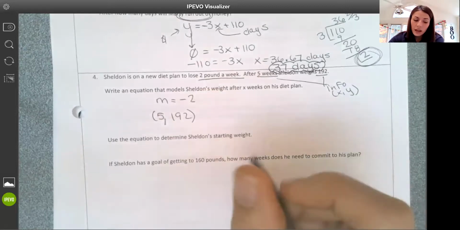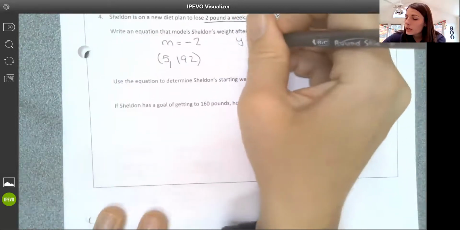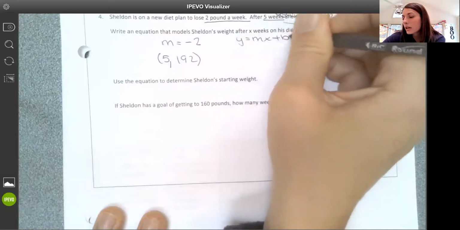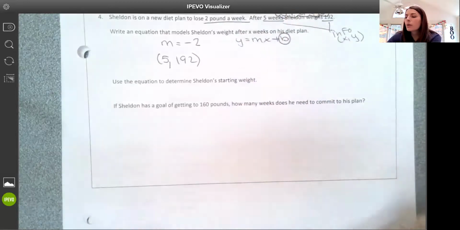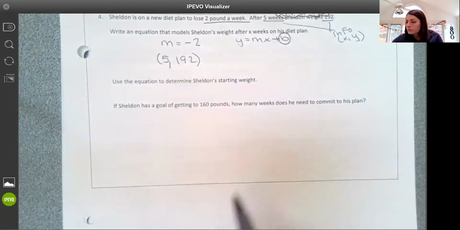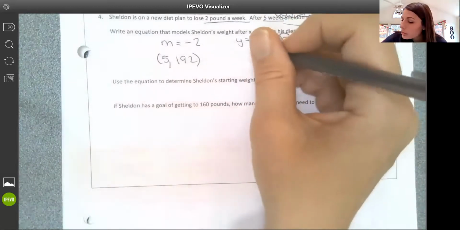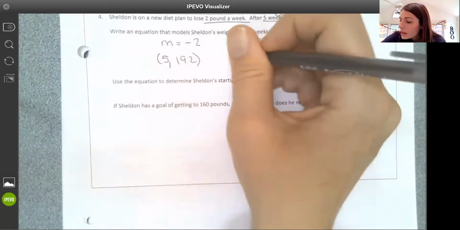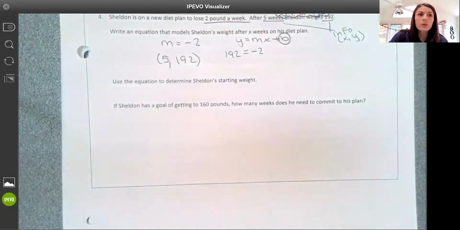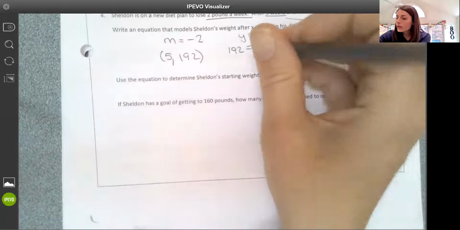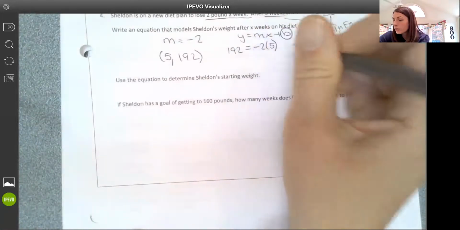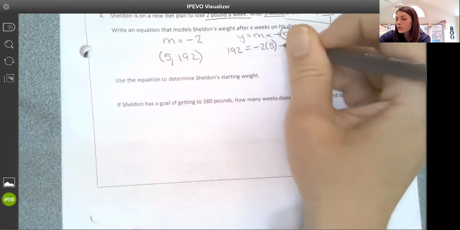I'm going to put that together in an equation, y equals mx plus b, and I still need to find what my b value is. So I'm going to plug in my slope is -2. I know that after 5 weeks, he weighed 192.